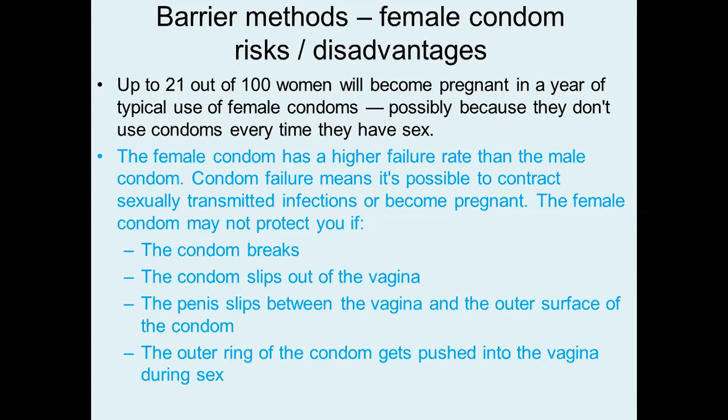And so certain women would not be able to afford a female condom. Female condom has a higher failure rate than the male condom. And condom failure means it's possible to contract sexually transmitted infections and or become pregnant.